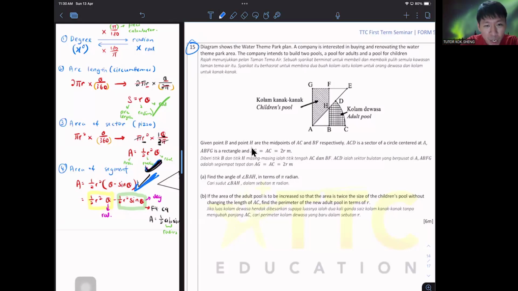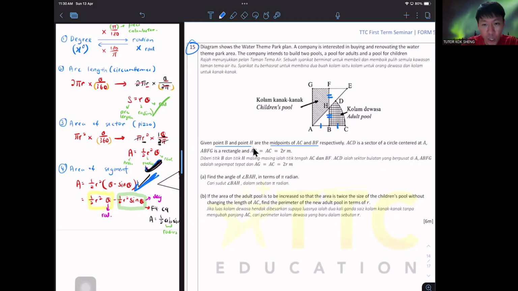Given points B and H are the midpoints of AC and BF. So B and H over here, AC, BF. I put two different symbols because we don't know if they are the same length or different.